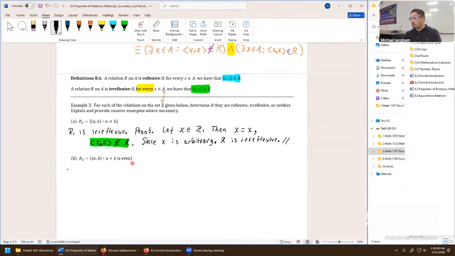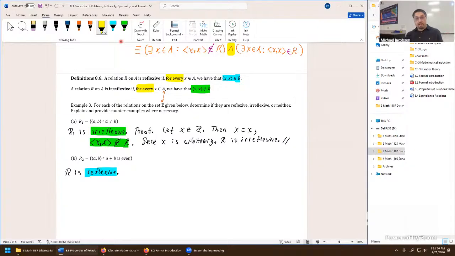So let's say R is reflexive. Let me just color code that so we can connect the dots on that. For R to be reflexive, we have to use this part. We must work in full generality.